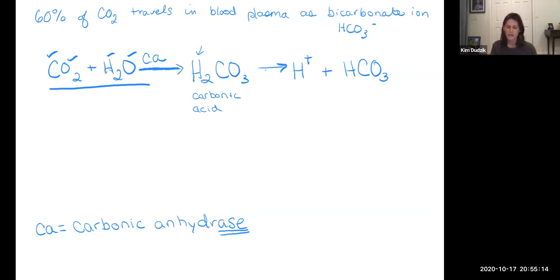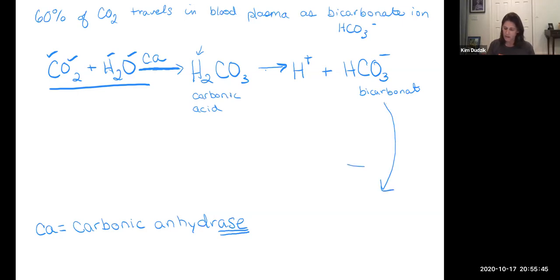But since the hydrogen is positive, and I'm going to erase that because it looks funny, since it's positive, that means it left an electron somewhere. It did. It left it here. So this is bicarbonate.